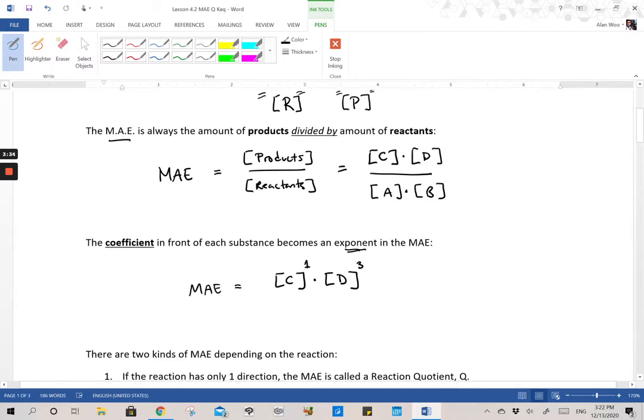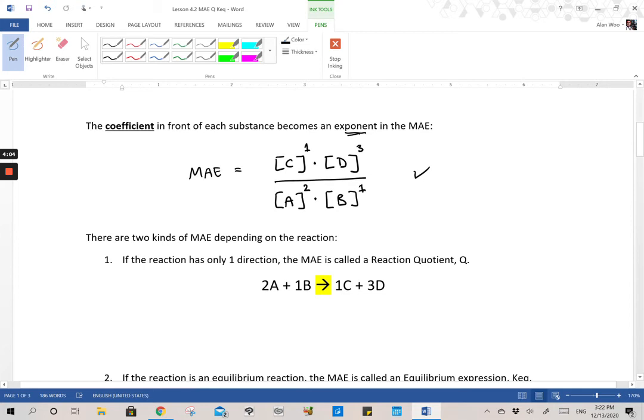For A and B, there's a coefficient 2 in front of A, so that becomes exponent 2. In B, there's a coefficient 1, so it becomes exponent 1. This is the correct mass action expression, that contains products divided by reactants, and all the coefficients are now exponents.